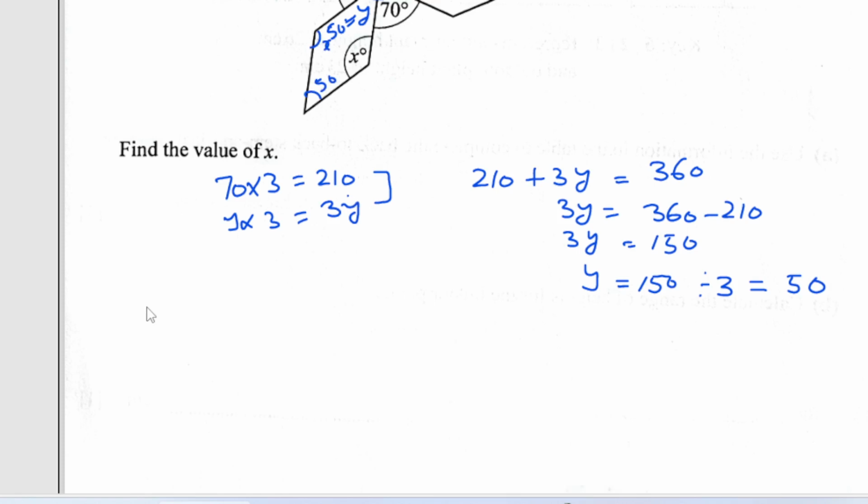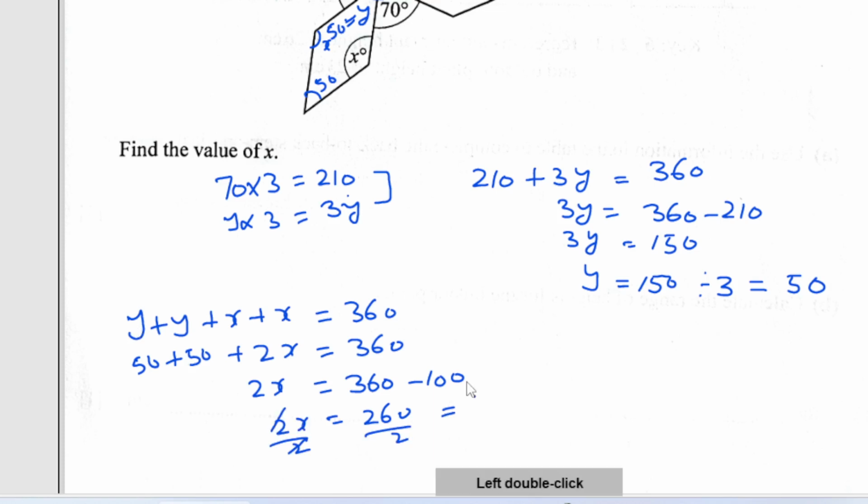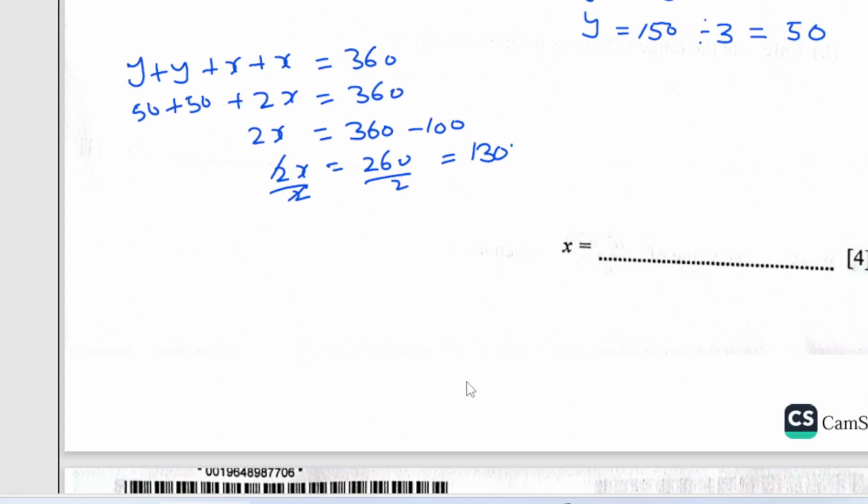We can use the property of angles of a quadrilateral: y plus y plus 2x equals 360. So our value of y is 50, so 50 plus 50 plus 2x is 360. So 2x will be 360 minus 100, which is 260, and dividing 2x by 2, we get 130 degrees. So the value of x is 130.